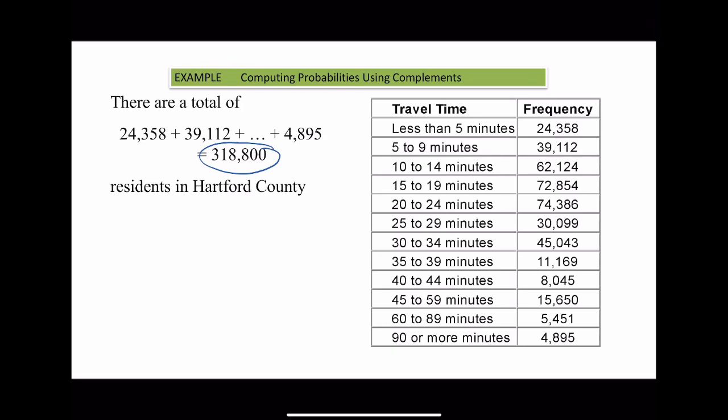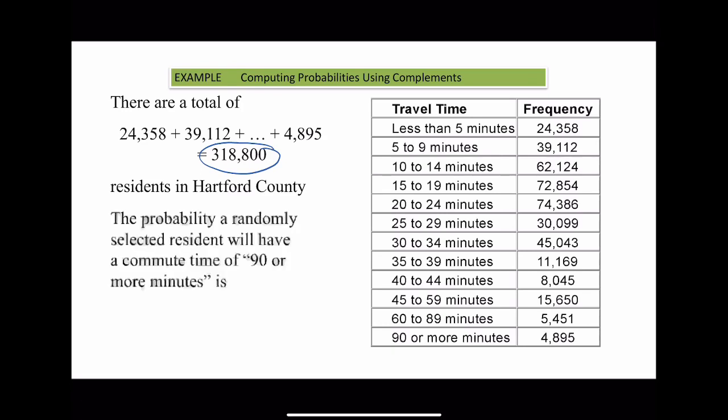So 24,358 people have a less than a 5-minute commute. We know that the probability of a randomly selected resident having a 90-minute or more commute would be this over the total number, so 4895 over that total number of people. This is my probability that a person's commute is 90 or more minutes.